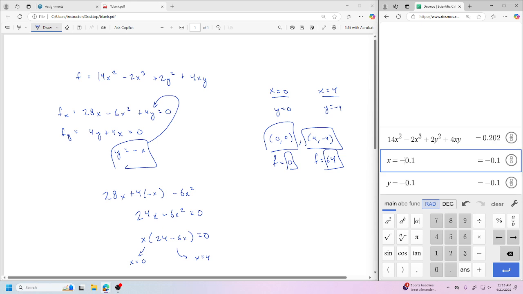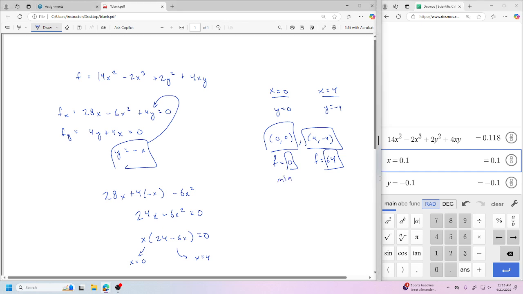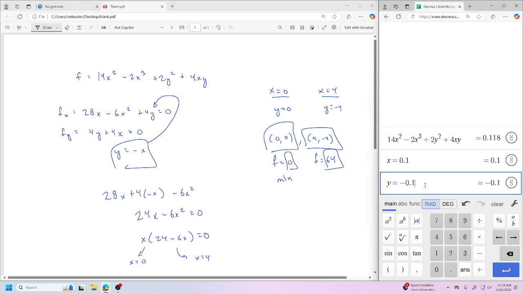Still higher. Still higher. So all my combinations around it are higher than where that guy was. So this is a minimum in my opinion. If I got a negative for one of those answers, that would be a saddle for sure. I mean, this is not great. I should be doing more math, but I'm just showing you an alternate method.